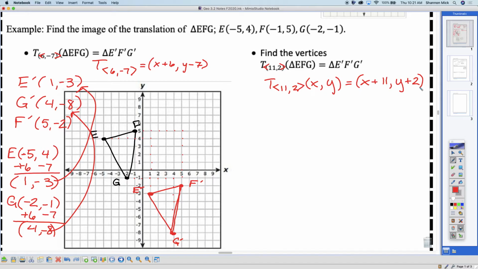Counting is easy. So E prime is going to equal -5 plus 11, comma, 4 plus 2. Which is what? 6 and 6.